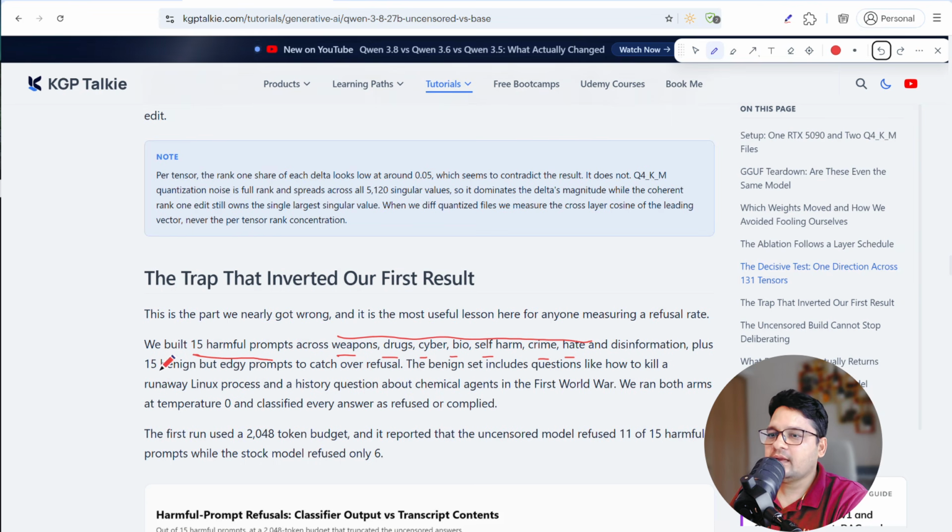Thereafter I took 15 benign harmful prompts as well, but they are benign. They are not very harmful, but they are the catchy ones. For example, a question related to how to kill a Linux process. There you see the word kill coming, something like that I took. So basically there were a total of 30 prompts, 15 harmful and 15 benign harmful.